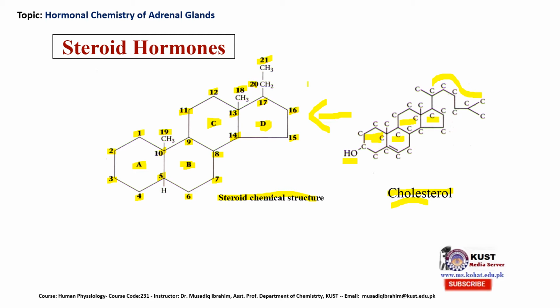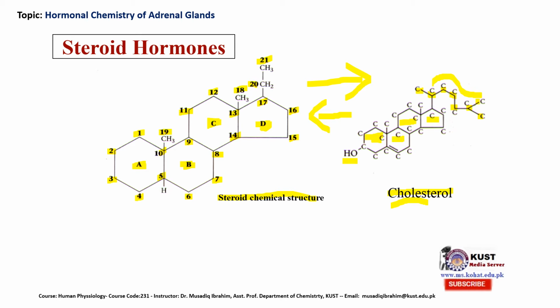So if you do the numbering of the cholesterol structure, you can see that at this place you have 20 carbons, then you have 21, 22, 23, 24, 25, 26 and 27.